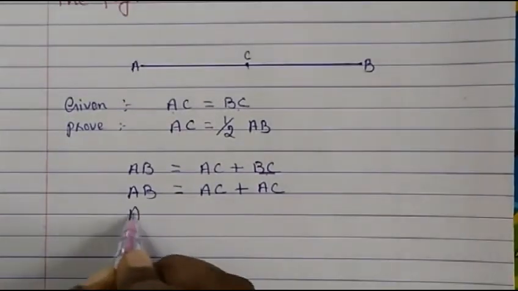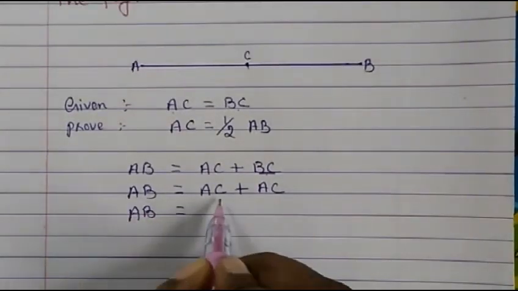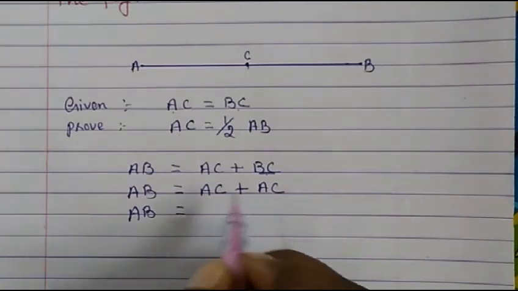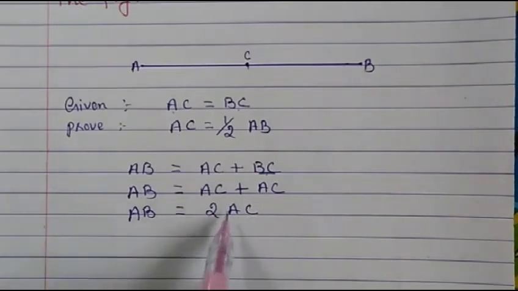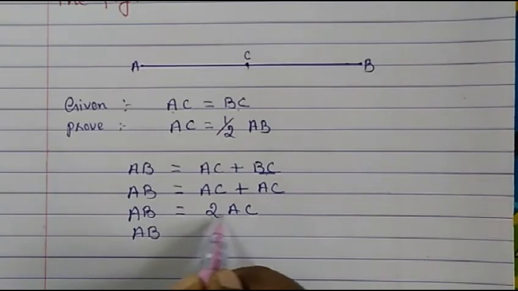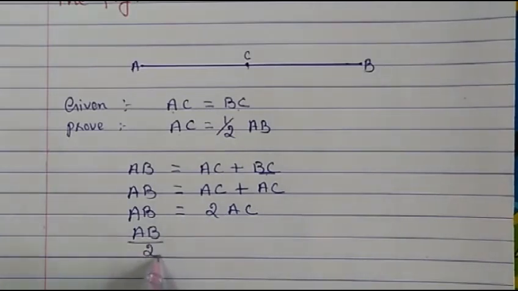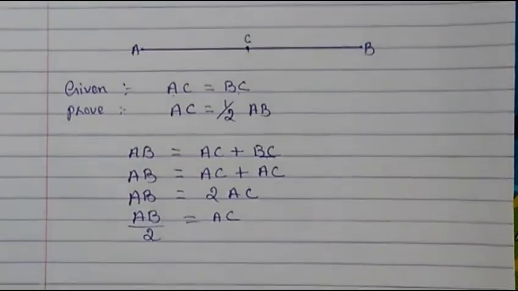Okay, so now AB equal to AC plus AC, which will give us 2 times AC. So now let's bring this to this side. So what we will get? AB. This is in multiplication, so when it comes here, it will be division, and then you have AC this side.